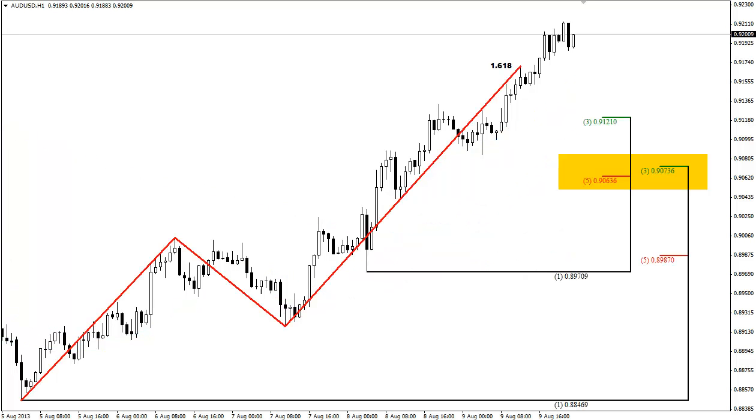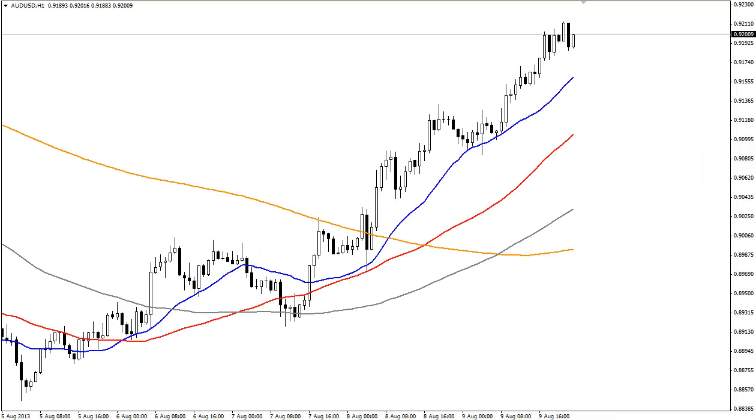We can see that maybe the market will find support on the confluence support zone after completion of this ABCD. This is the confluence support zone on the hourly time frame. Maybe this will support the market and the market will continue the move to the upside, making support on the MAs.